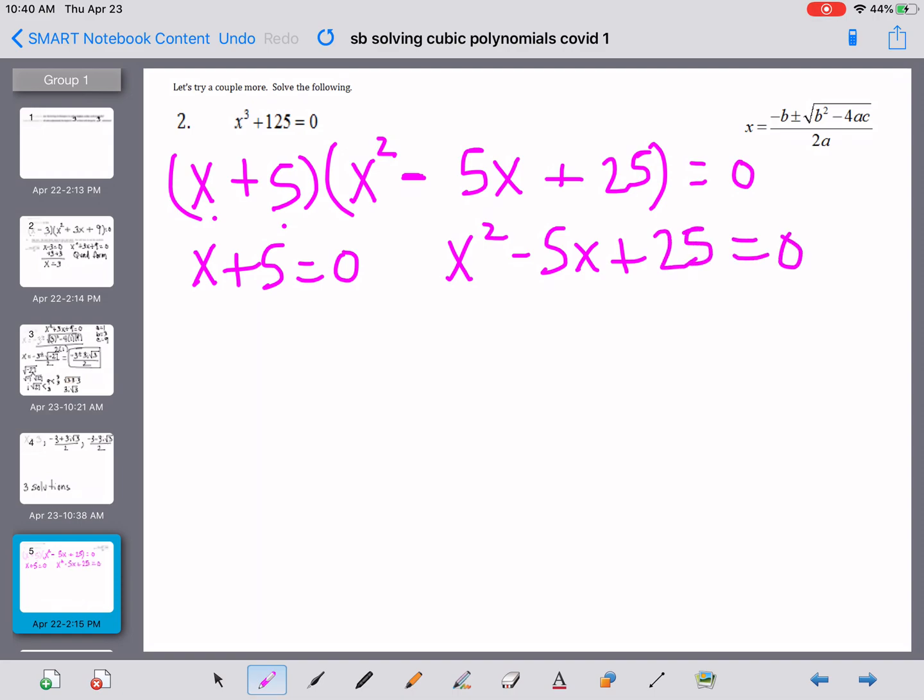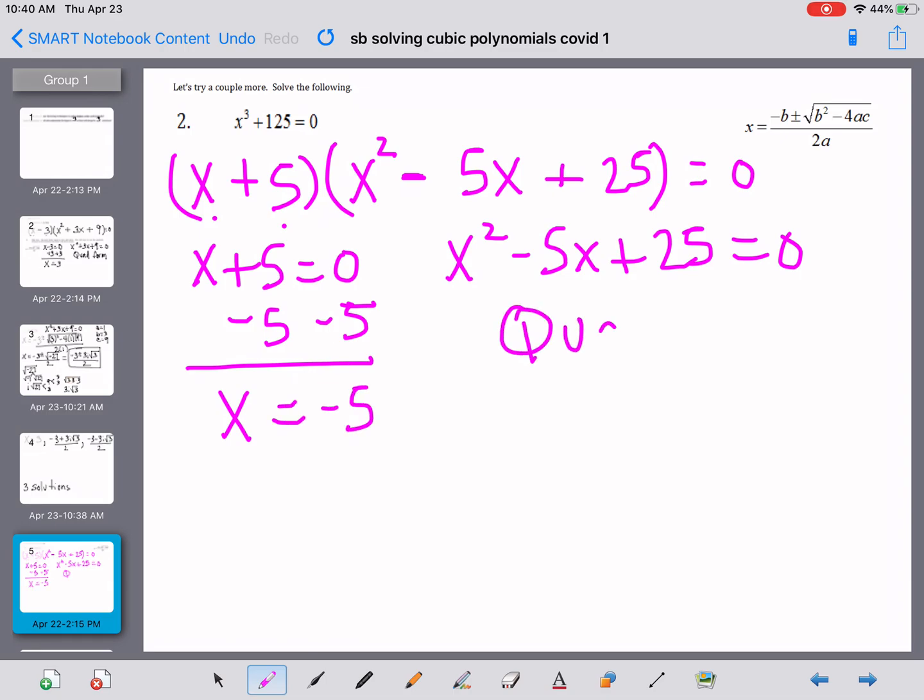We can find the solution with this left-hand part here by subtracting 5 from both sides, and we get x equals negative 5. But once again, we have to use the quadratic formula on this part.